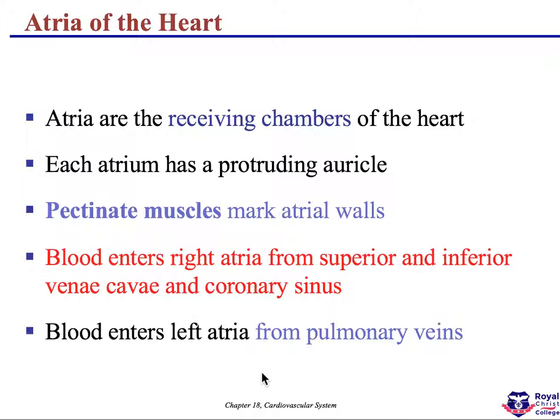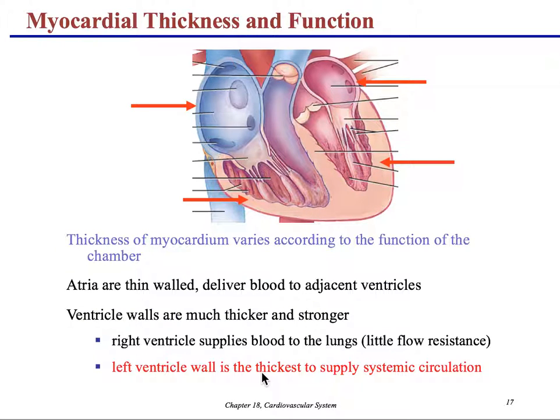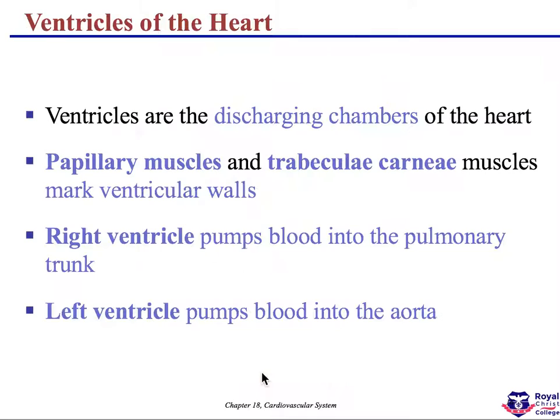The pulmonary veins, right and left, simply bring blood back from the lungs, so oxygenated blood into the heart, the right pulmonary vein from the right lung and the left from the left lung. So, key points here: the muscles that form the ventricle are the papillary and the trabeculae carneae. The right ventricle pumps blood into the pulmonary trunk, whereas the left ventricle pumps it into the aorta.